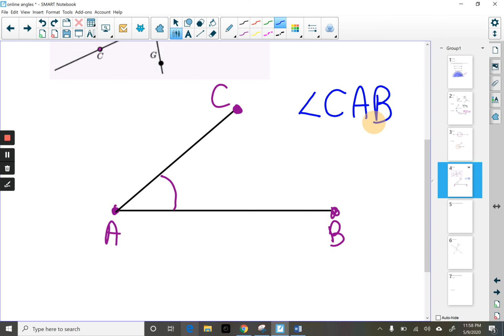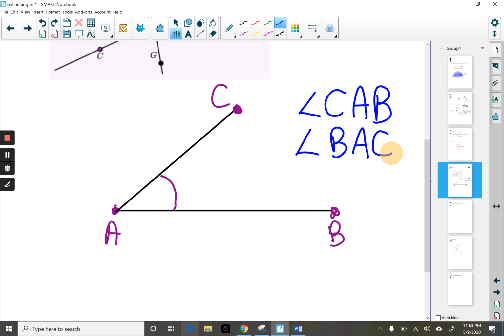Now you may be saying, wait a minute, what if I started at the other line? Here we go, starting from B towards A, going to C. Angle B, A, C. Both of those are labeling the exact same angle right here. They are both correct answers.